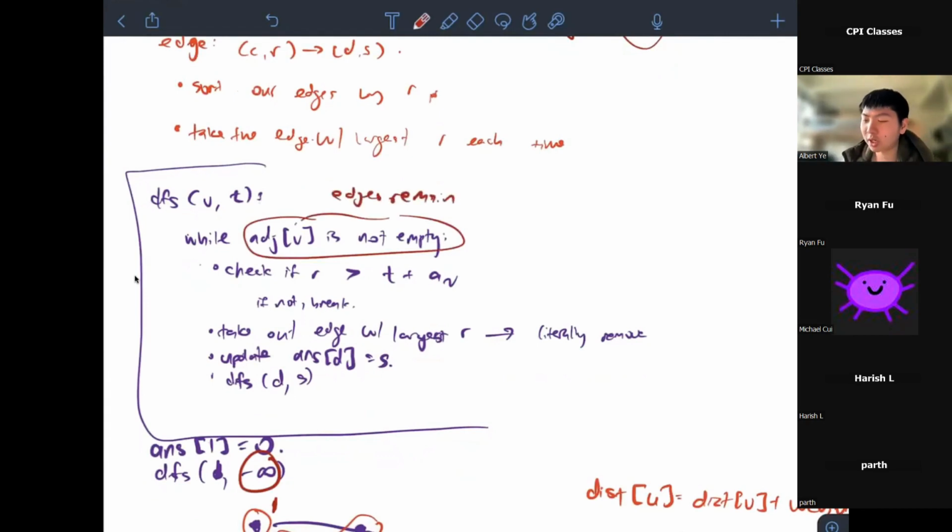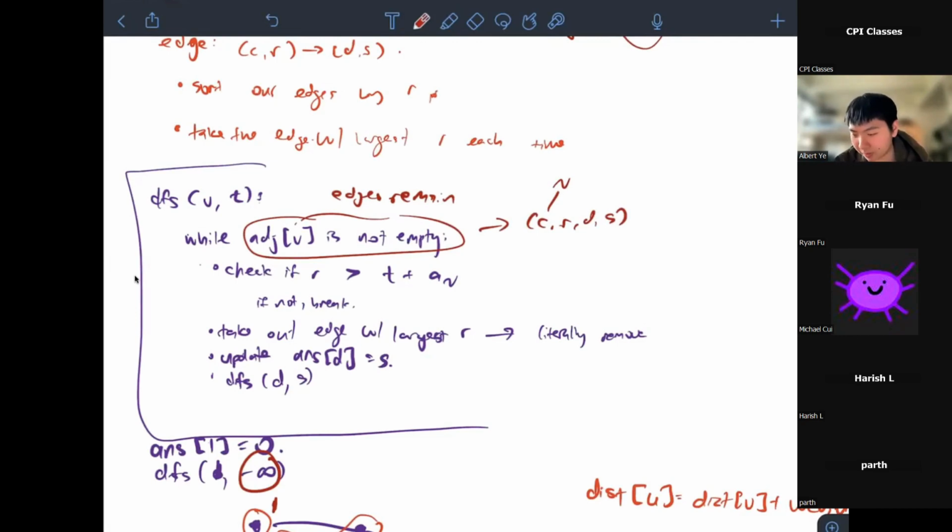then we want to check our current start time of this edge. So this basically takes out an edge like C, R, D, S, where C becomes V, and then I think I just used R, D, S as it is. So we want to check if R, which is our enter time, is late enough that we don't accidentally break the layover rule.